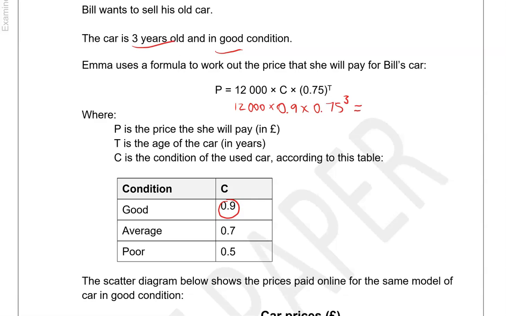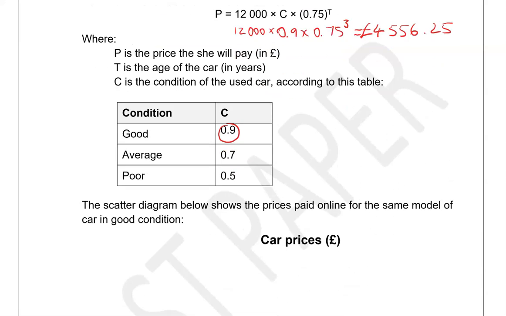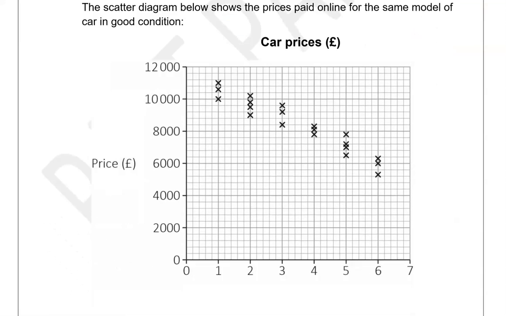So inputting this into the calculator, we get £4,556 and 25 pence. Now we need to look at the prices online.